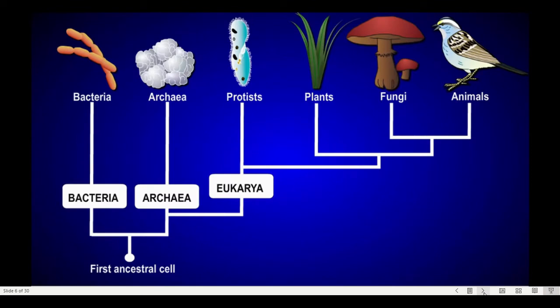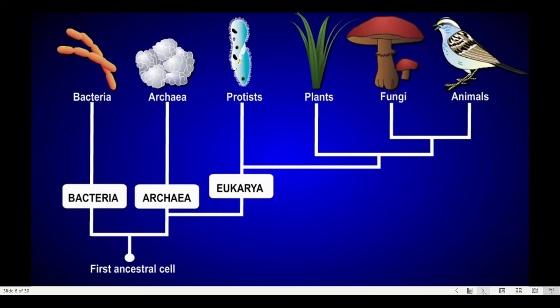Now, from this ancestry, nagkaroon tayo ng largest group to smallest group. Sinabi na natin last time, domain yung pinaka-largest. So, we have here 3 domains.